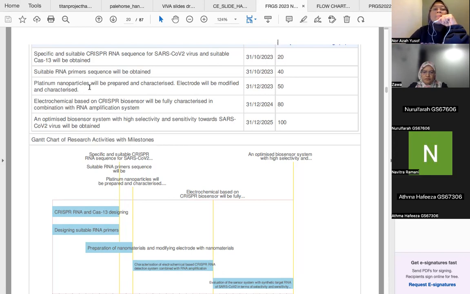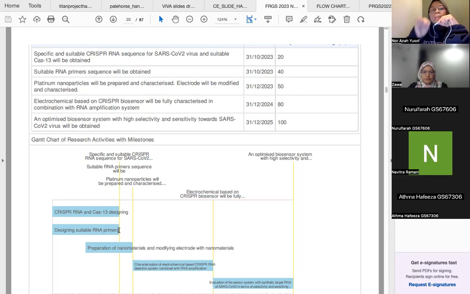The milestone is that the material for modification of the electrode will be prepared and characterized. So you can see I start the process before even the first two objectives end. You don't have to be on the dot, with the second one and then the third one. It can be done concurrently.